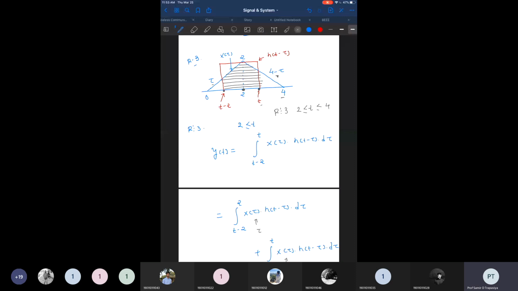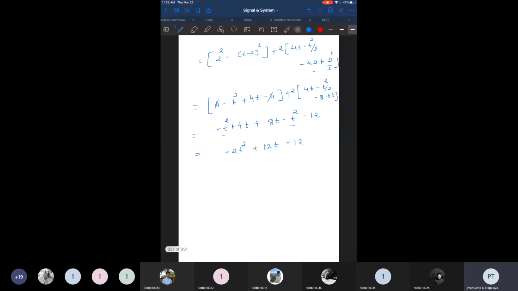The first end is out of this 4, so the second end, which is only 2 steps away, is automatically out of this 2, right? T minus 2. So we have this function, and this is h of t minus tau, and this function is simply defined as x of tau.